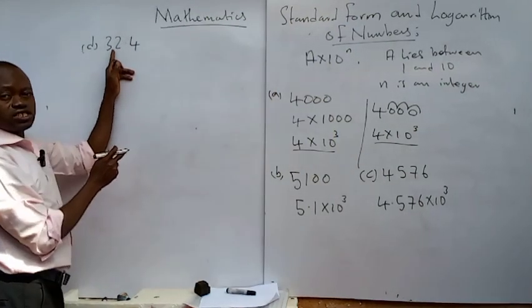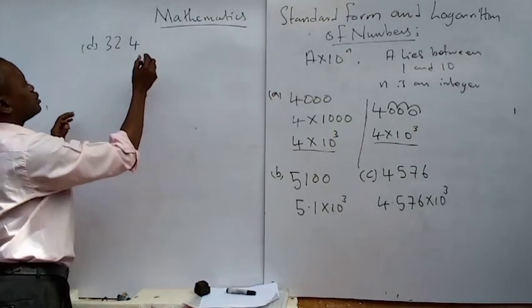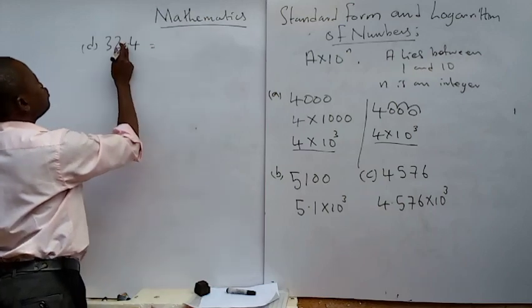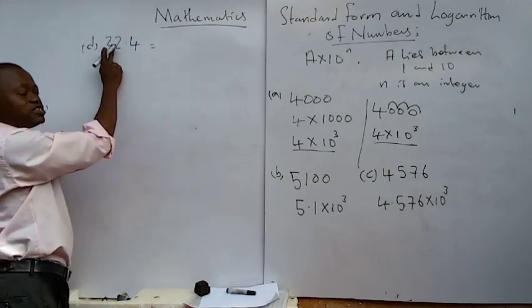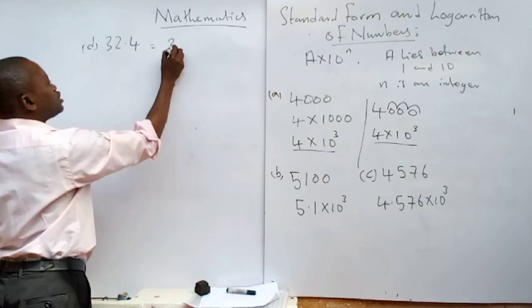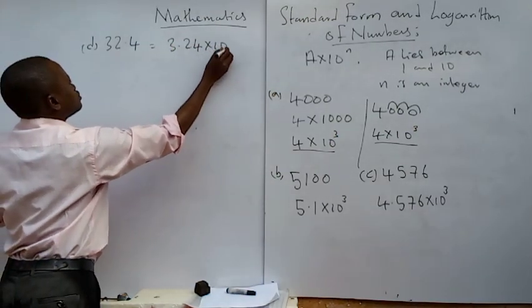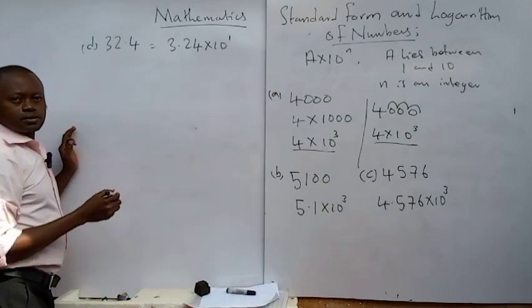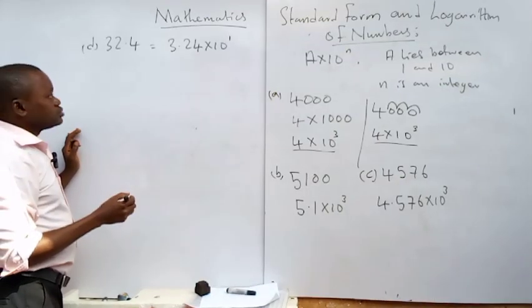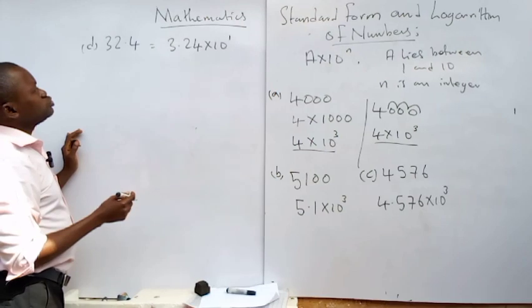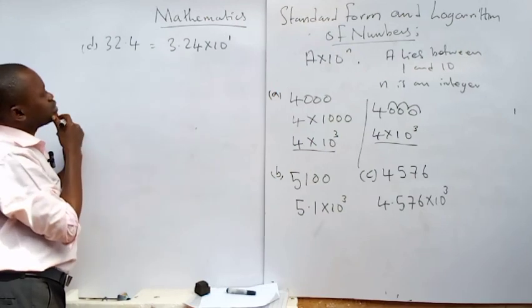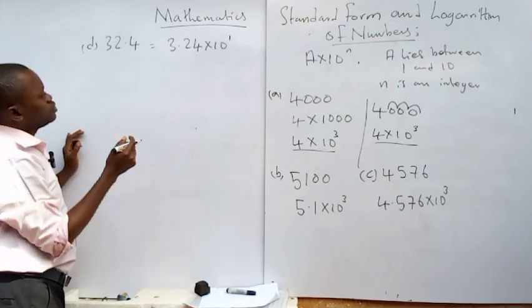You see, we have 2 digits before the decimal point, and if you move this directly in front of the first digit, you are going to have 3.24 times 10 raised to power 1. Do we get that? Okay, let me show you a secret here.